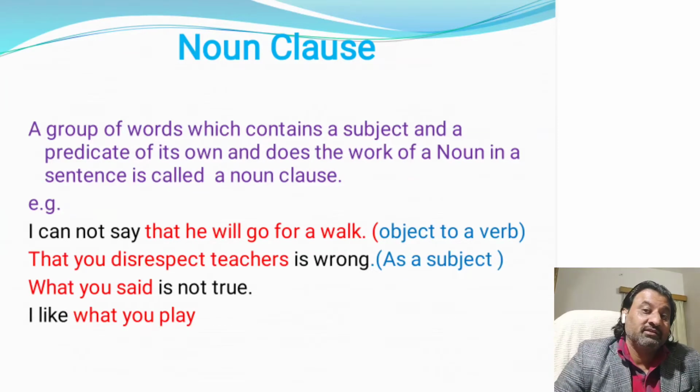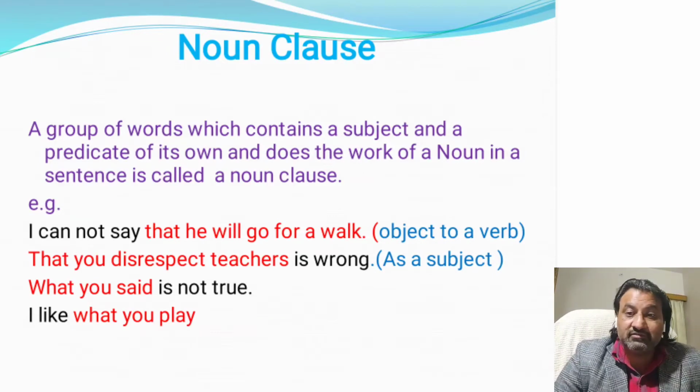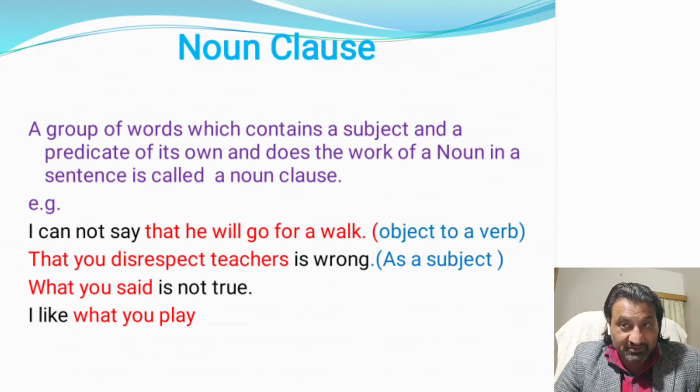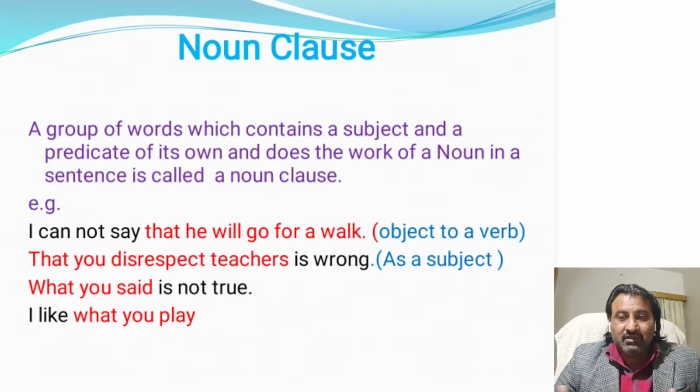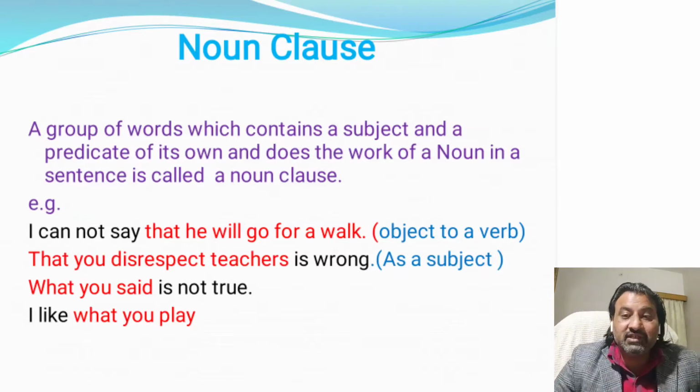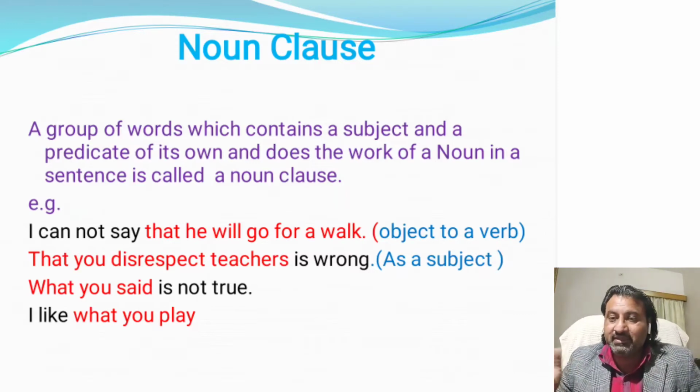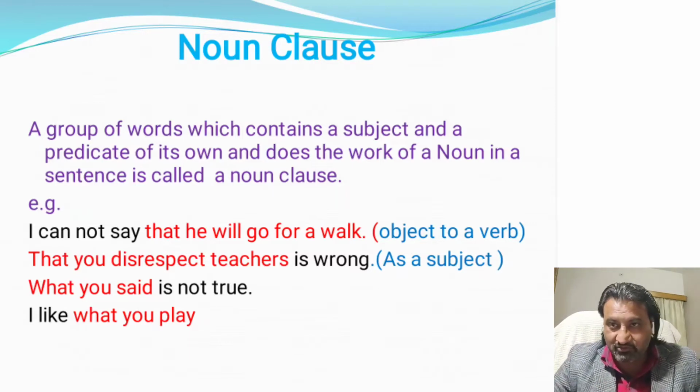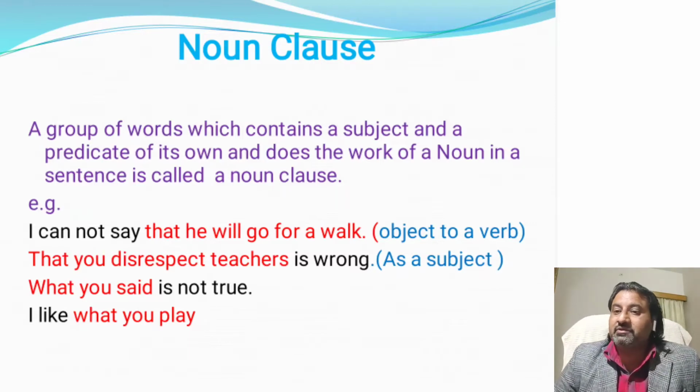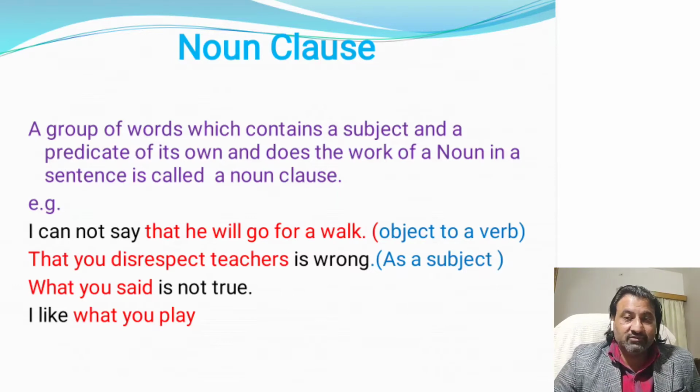Here the subordinate clause is "that you disrespect your teacher." The entire clause can be replaced simply by a noun or a pronoun. This is doing the job of a noun. Therefore, it is a noun clause.